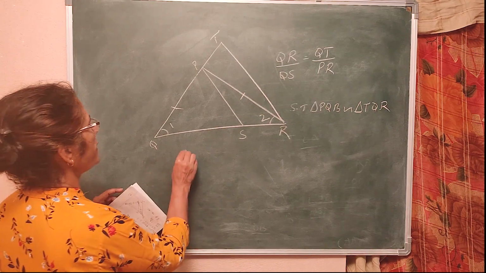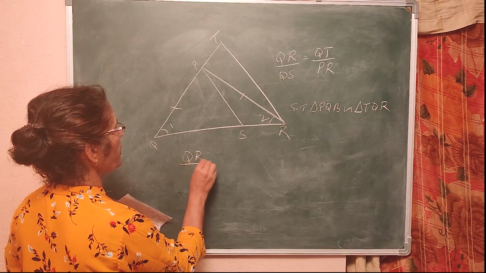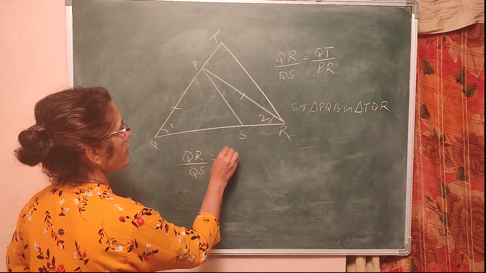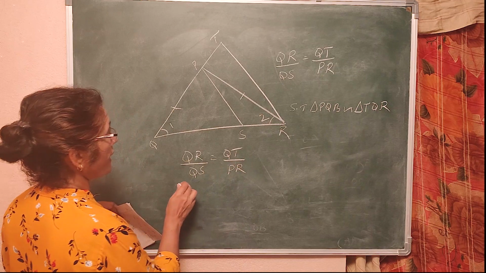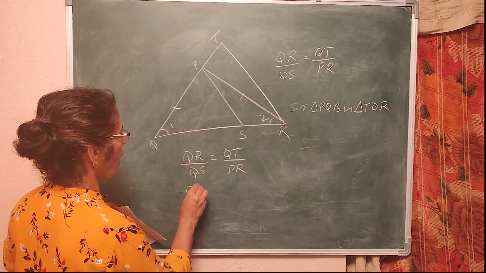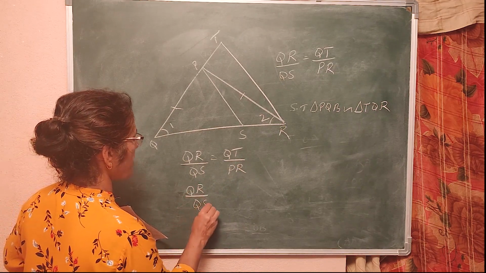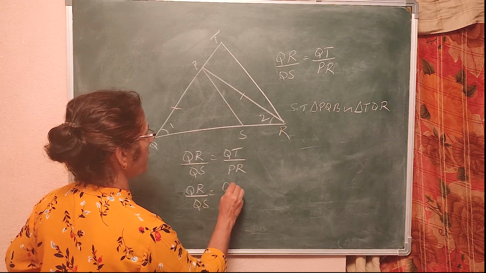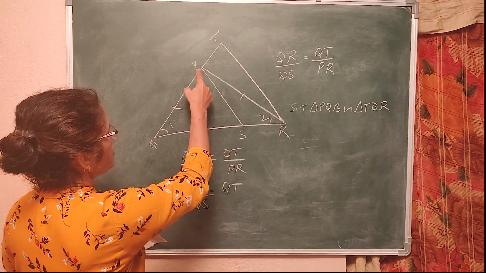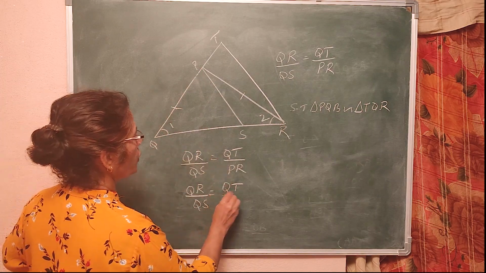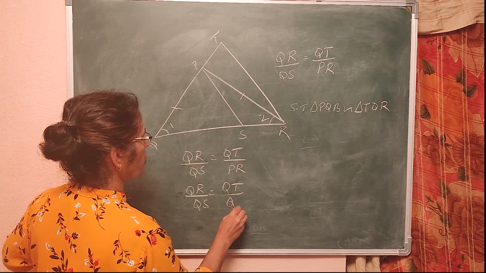They have given QR by QS is equal to QT by PR. Instead of PR I can write down PQ.